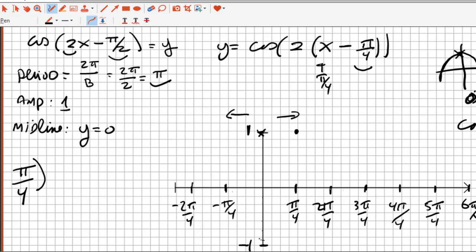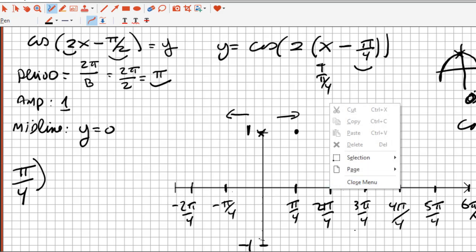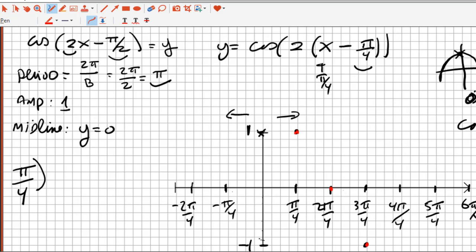So top, midline, minimum. So here we go. Here's top, bottom, midline, minimum, midline again, and then here I'll have the top one more time. Then go in the other direction. Here at the top, midline, minimum, back to the midline.